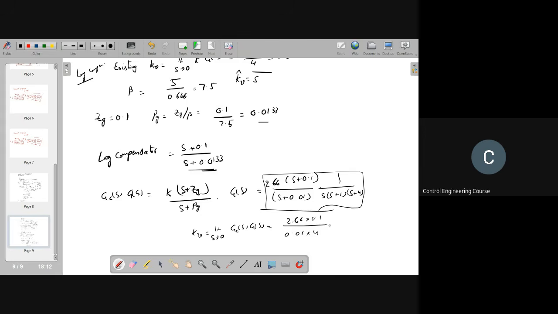So which will be, sorry, this is 0.133. So this is equal to 5.32.